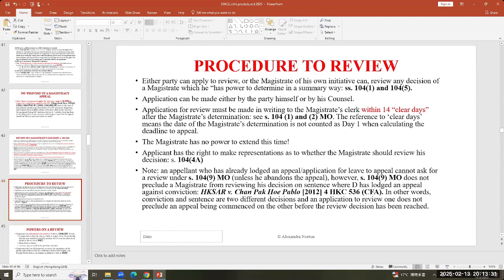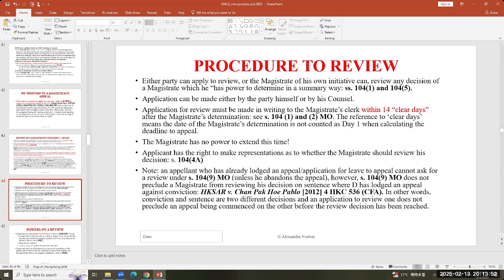So in practice, it may be better for the defendant to review first, provided his grounds are not bias of the magistrate, because the time to appeal doesn't start to run until after the magistrate has made that decision on the review.